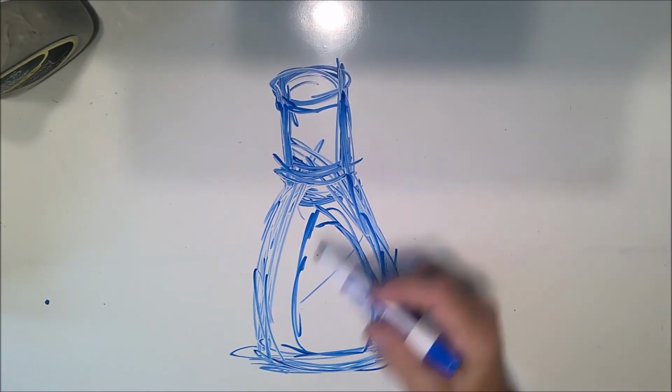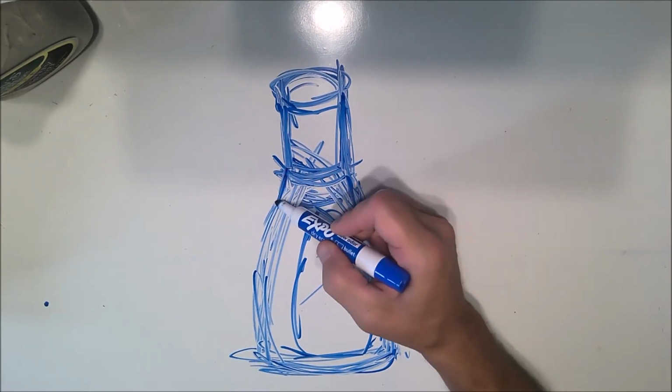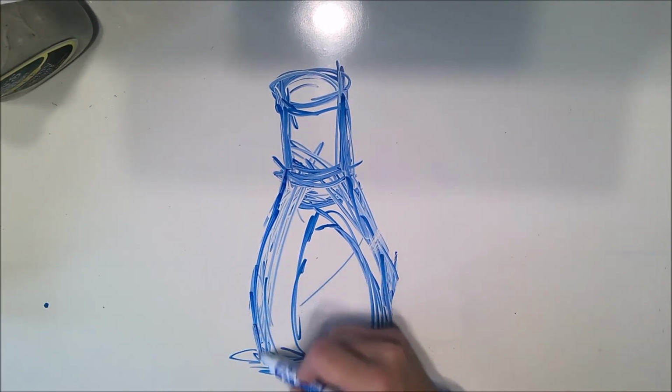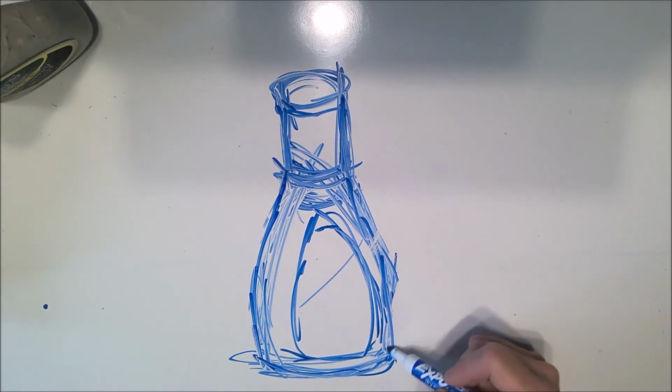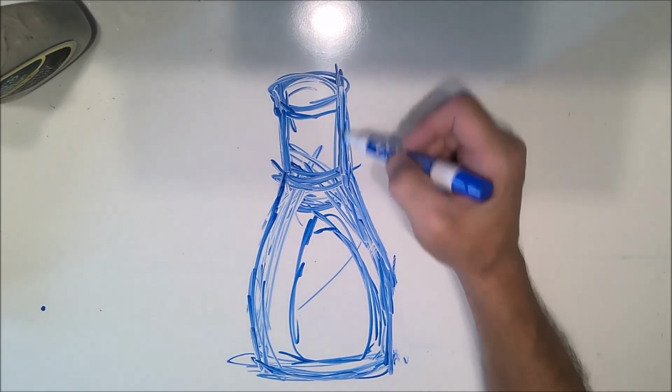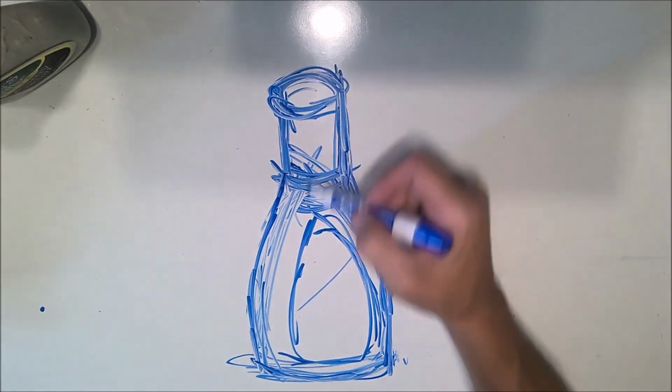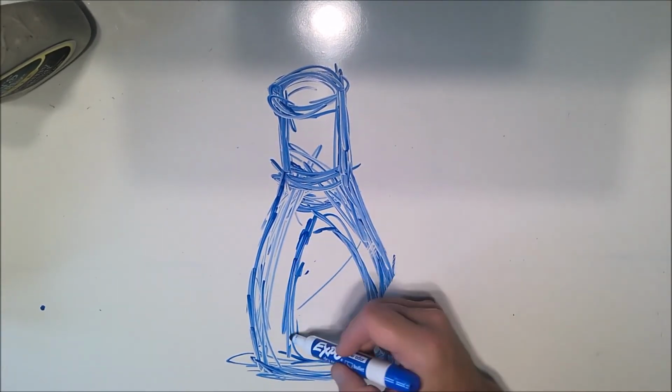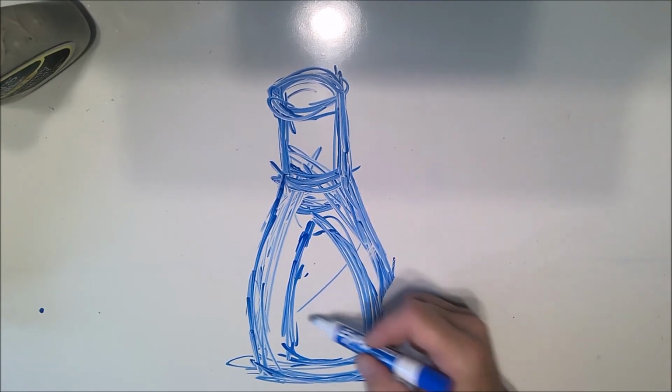Again, normally I would not be drawing this with marker. I'd be doing this with pencil, starting out lightly and then gradually getting darker as I felt more comfortable with my mark making. Does that make sense? Okay.